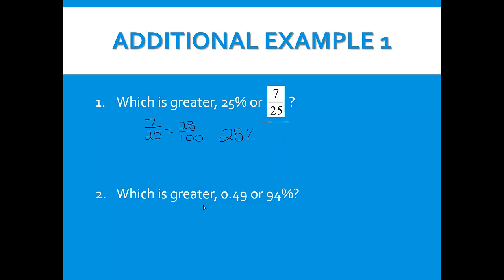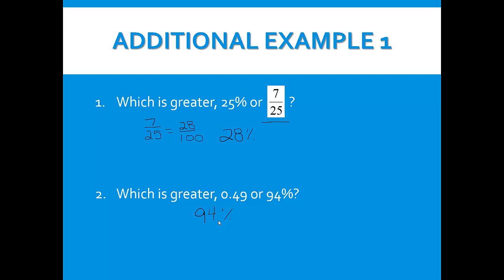For number 2, which is greater, 0.49, which is 49 hundredths, or 94%? We can convert 94% into a decimal. So we'll first start with 94%. In order to make this into a decimal, we're going to move our decimal 2 places to the left.